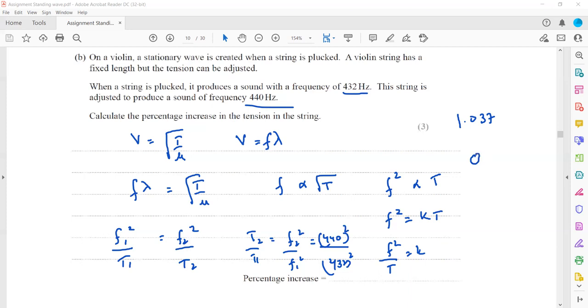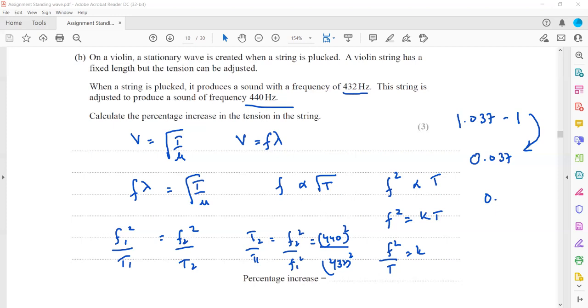Because if the two frequencies were the same, this value would be 1. But if frequencies change, this value is 1.037. So the change in value is 0.037.